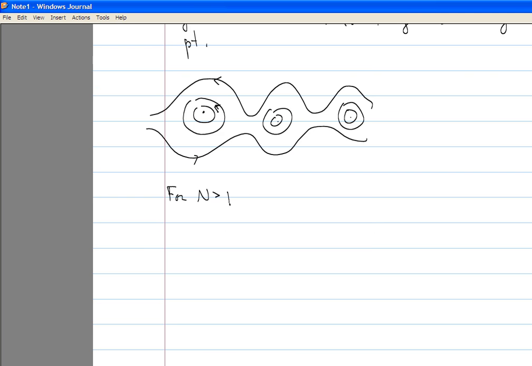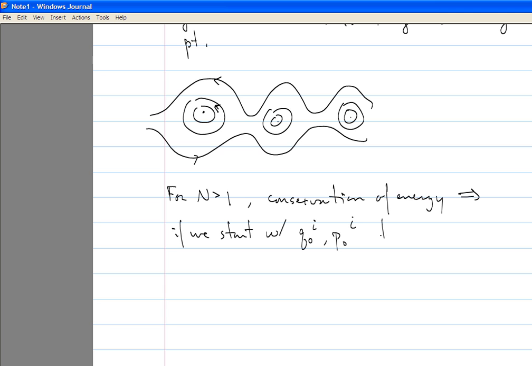Now, for systems with more than one degree of freedom, conservation of energy implies that if we start with positions q naught i and momenta p naught i, then at any later time, the Hamiltonian, or the energy of the system, will be equal to its initial value.